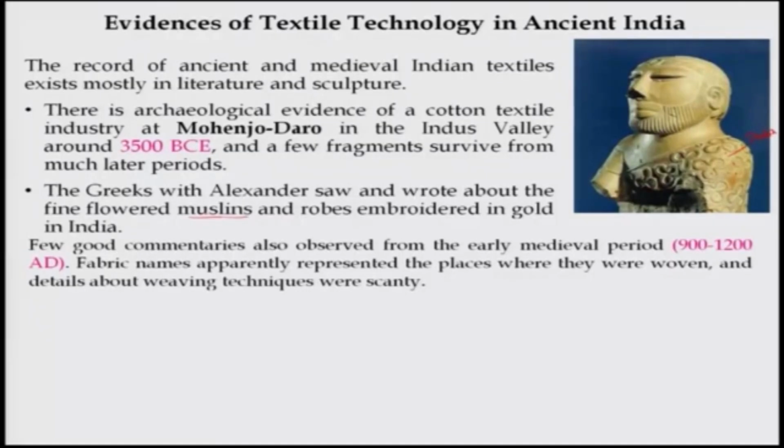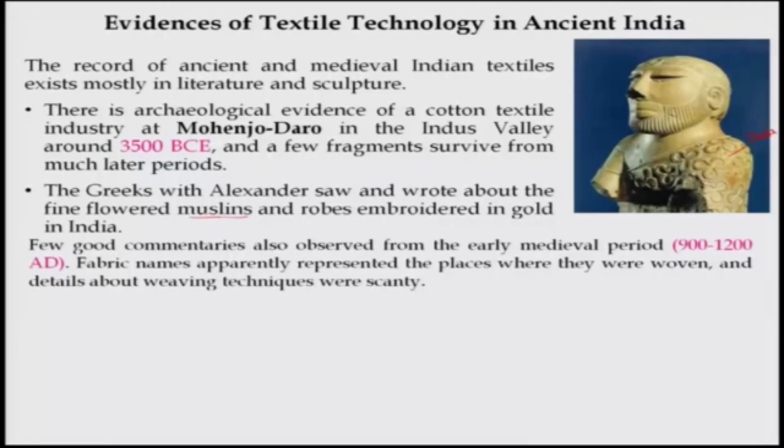Unlike mill cloth, where all the designs will be similar, people had their own specialty, and that is why these cloths were woven in various regions. Details about weaving techniques are scanty, because unfortunately the methodologies were not recorded properly.